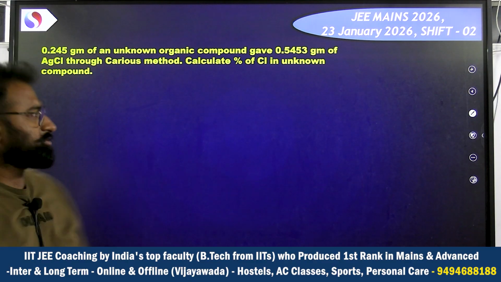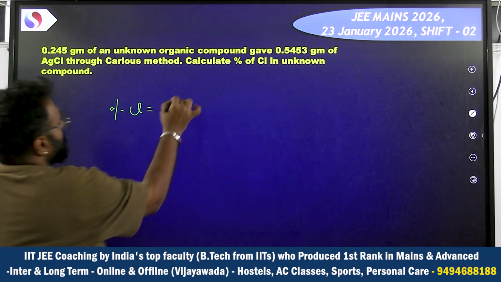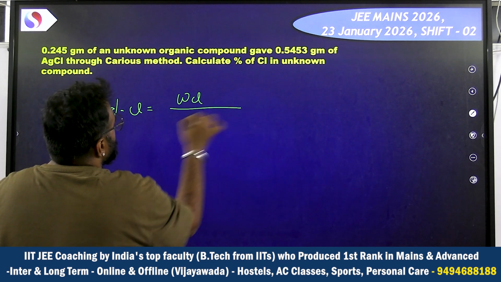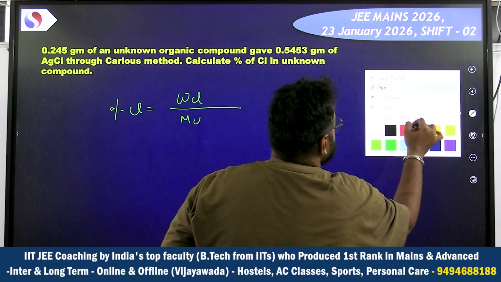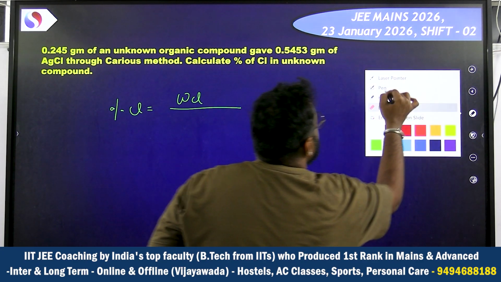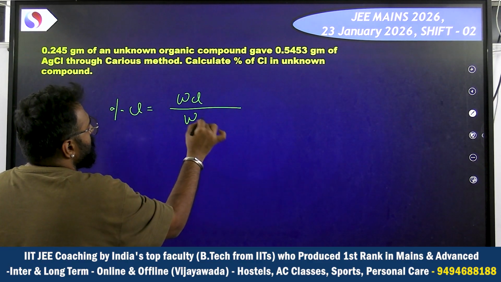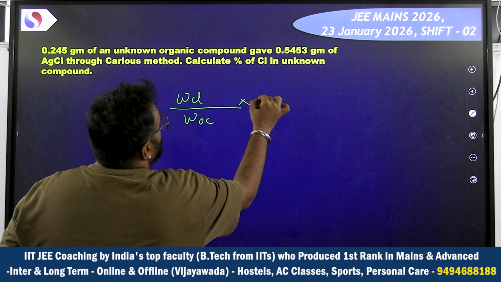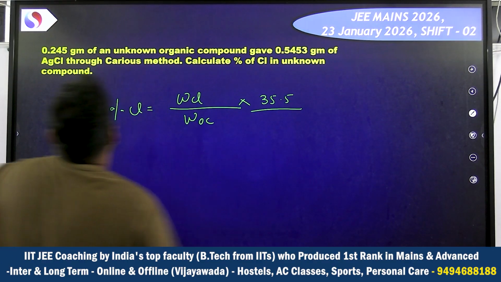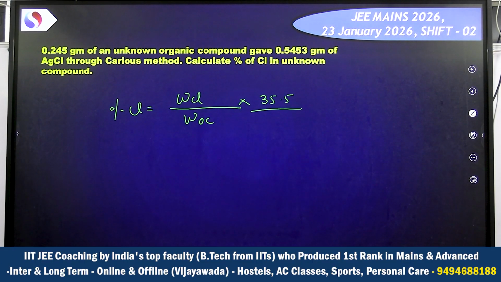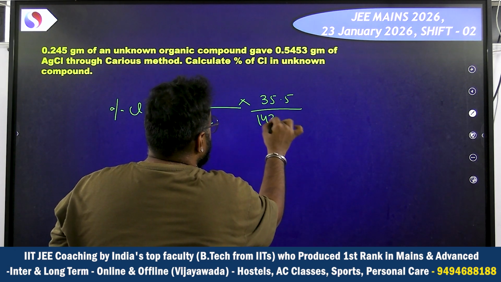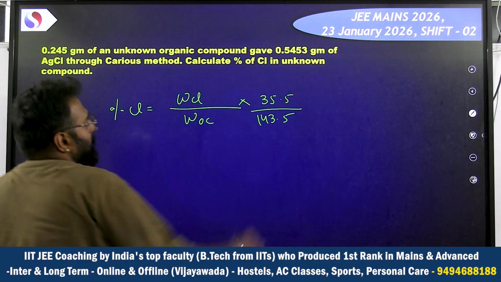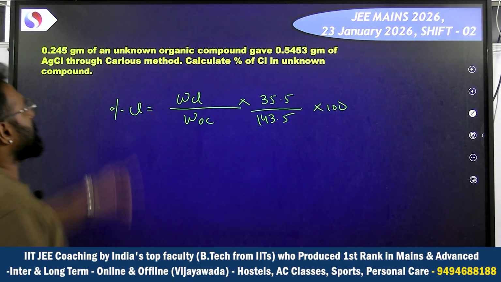Calculate the chlorine percentage. So let's use the direct formula: percentage chlorine is equal to weight of chlorine divided by weight of organic compound, into 35.5 divided by the molar mass of AgCl, 108 plus 35.5, which is 143.5, into 100.